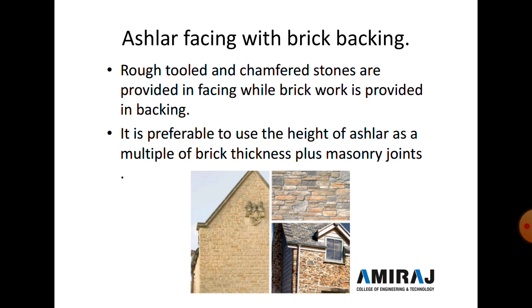You can see it exactly in the figure. On the front side, the face side of the building, rough tool stone is used, and on the back side brickwork is provided. So it is preferable to use the height of ashlar as a multiple of the brick thickness plus the masonry joint.